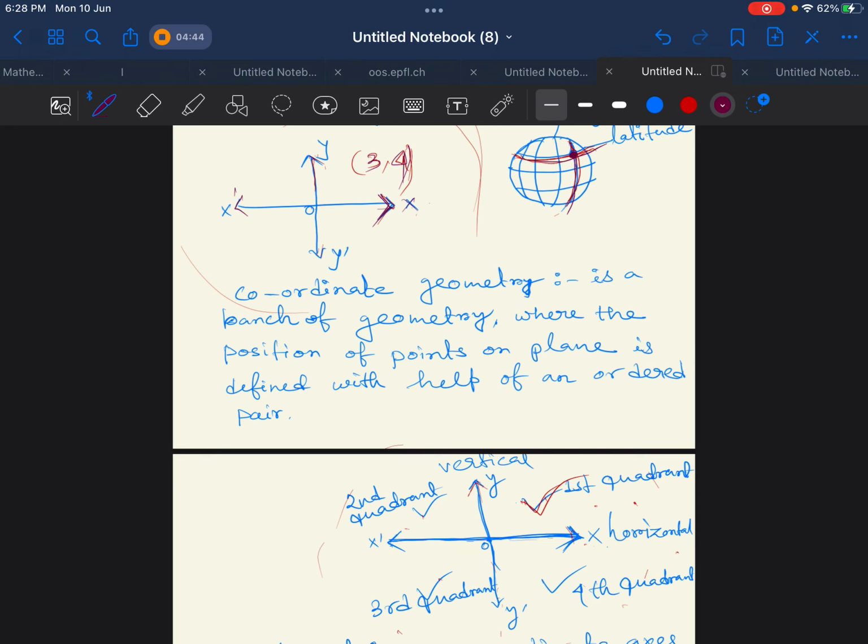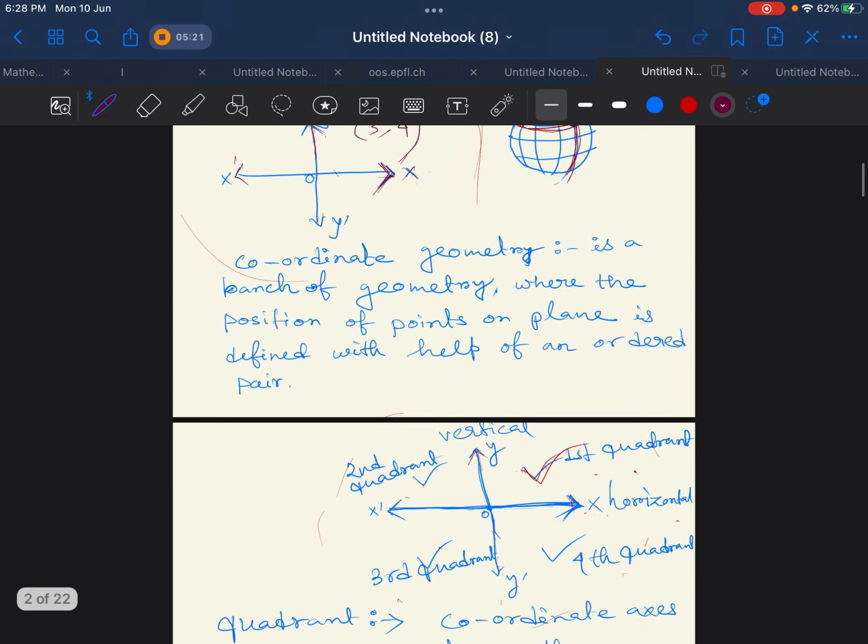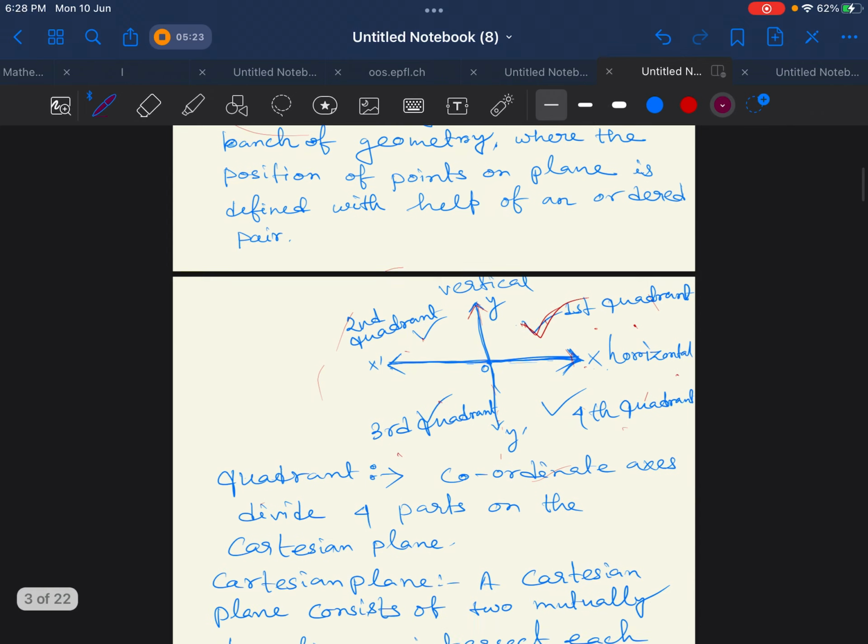Where the position of point (3, 4) is a point. So we have to locate this point on the plane, with the help of an ordered pair. This is an ordered pair. So by ordered pair points we get the position of the point.